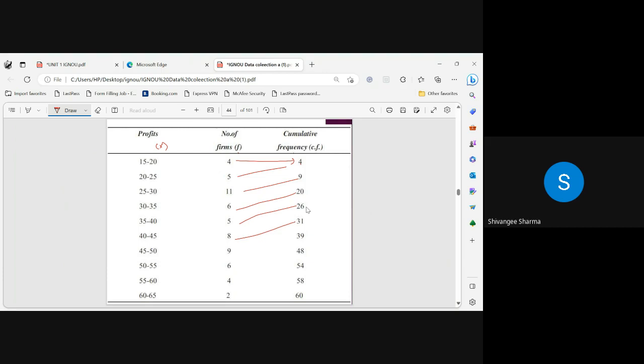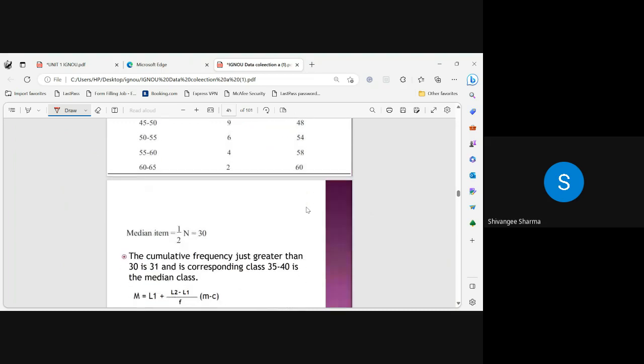The next step will be to identify the median class. For that, what you do is n by 2, which here is 60 by 2. This 60 can be the sum of this also, which I already told you.